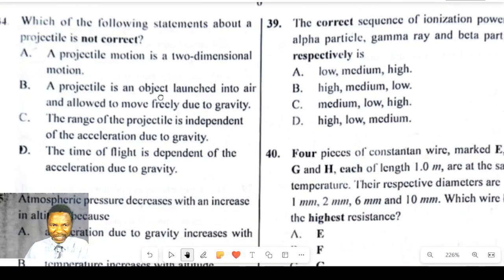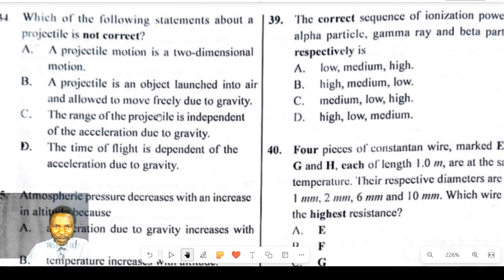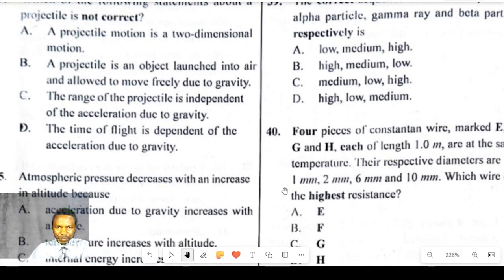Okay, so let's look quickly at number 34. Which of the following statements about a projectile is not correct? Projectile motion is two-dimensional motion, correct? Projectile motion is an object launched into the air and allowed to move freely under gravity, correct? The range of the projectile is independent of acceleration due to gravity, no. The time of flight is dependent on the acceleration due to gravity, yes.